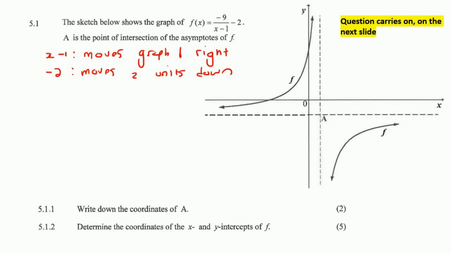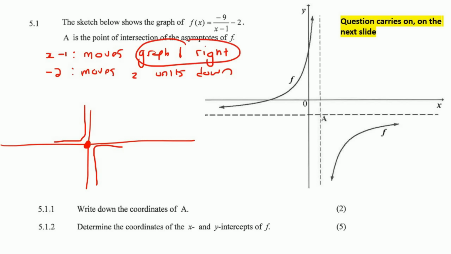So if you can imagine, the most basic hyperbola that you can ever get would have started at the origin. That's where the center would have been. But then you would have moved it 1 place to the right and 2 places down. So the coordinates of A would become 1 and -2.